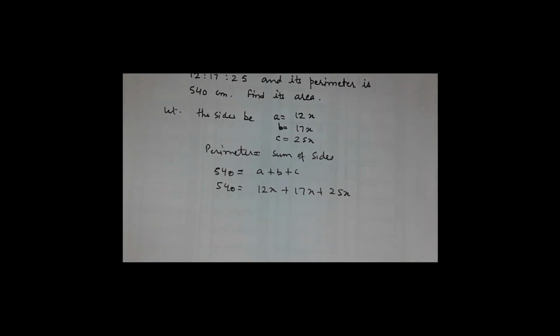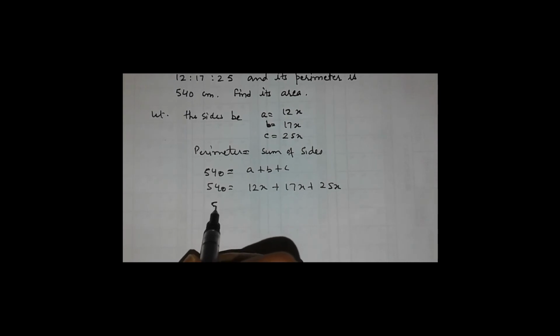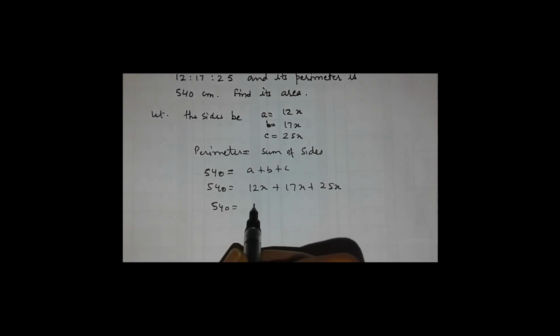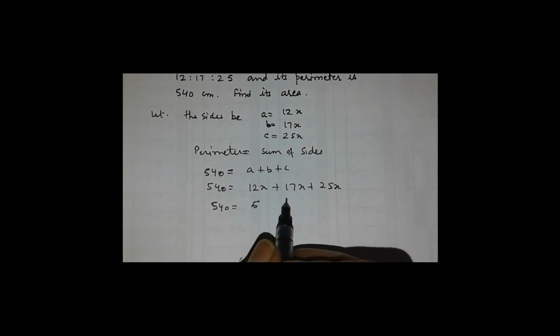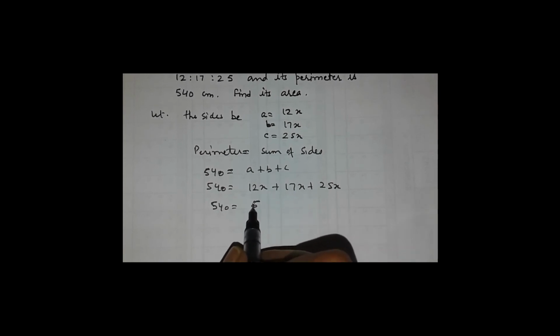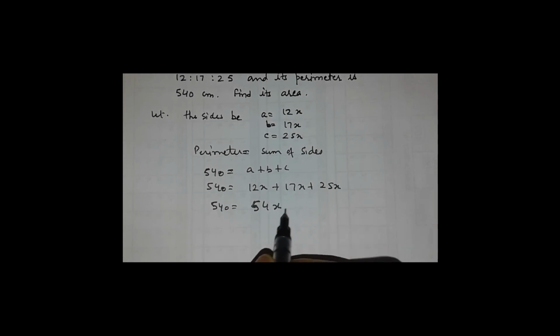So now 540 is equal to, if you sum it, 54x. So 540 divided by 54 is x. So x is equal to 10.